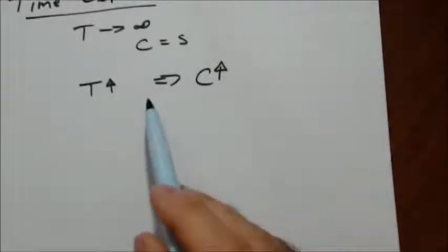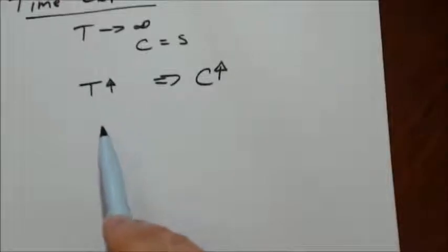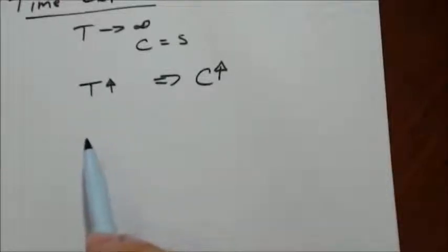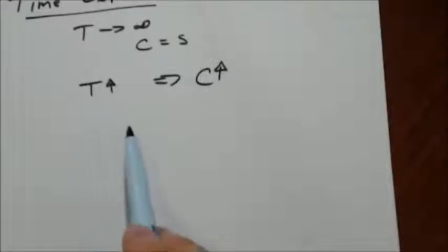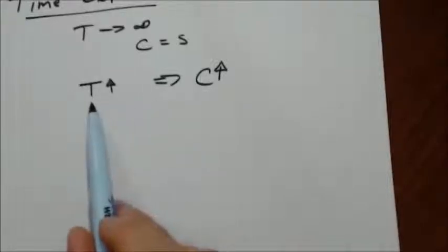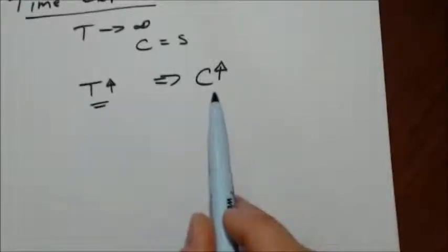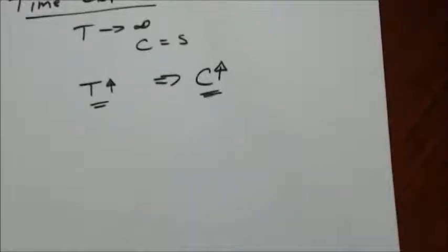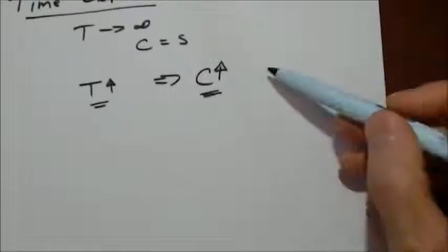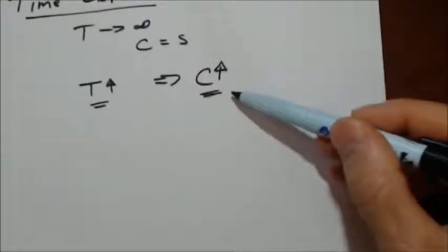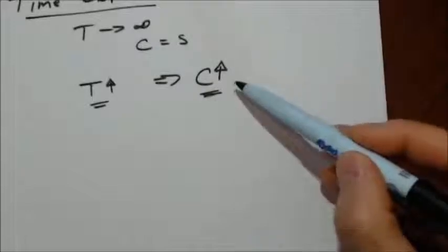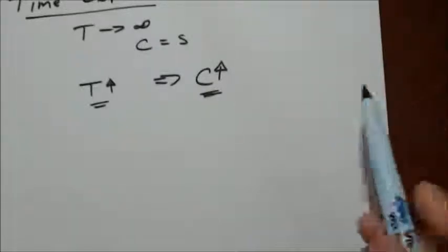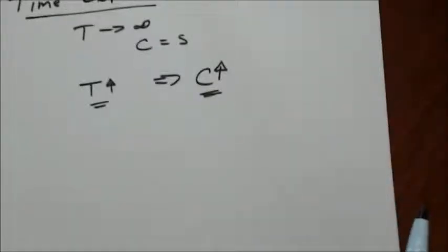So what you'll find is that a 1-year insurance is worth a lot more than 6 months worth of insurance. So you can see that the longer the time you have, the more valuable the call is. And it's also, for the most part, true with put contracts too, as we'll see later on. But there are issues that we have to talk about, so we don't want to make blanket statements yet in this area.